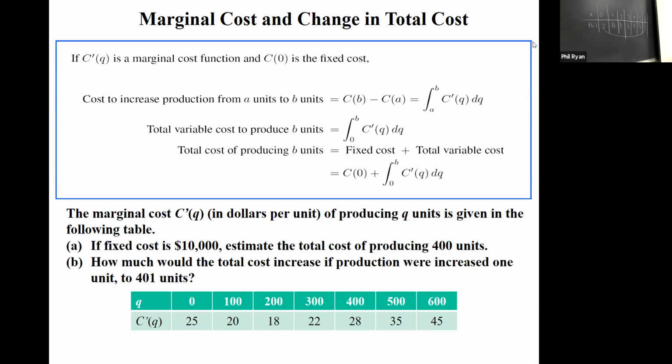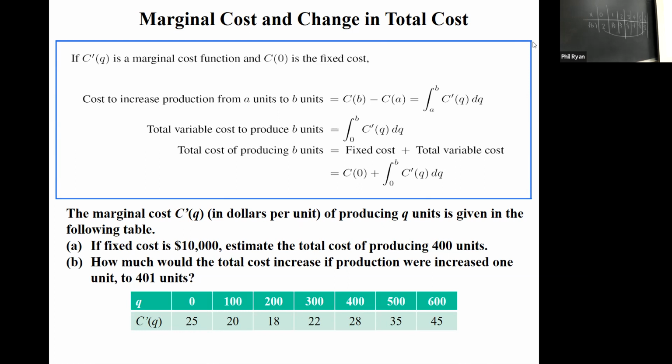And then finally, we know that the total cost is fixed cost plus total variable cost. And we've got formulas for each of these, right? Fixed cost is just the intercept for the cost function, so that's C0.